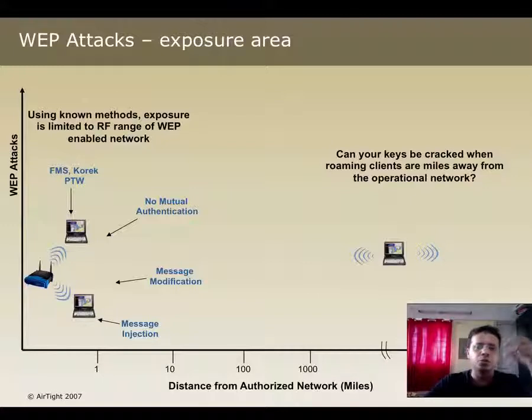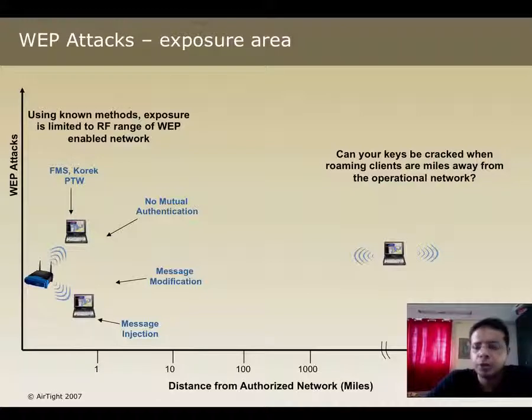And I think this was one of the first client-side attacks, apart from, of course, the whole hotspot attack, which targeted clients which were roaming. So the question really is, is it possible to crack the WEP key of a client which is roaming, which is far away from the authorized network, right?